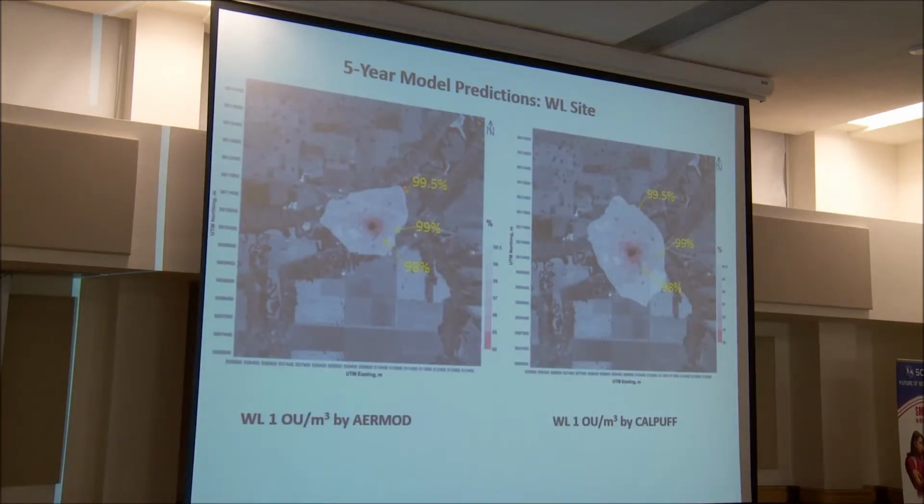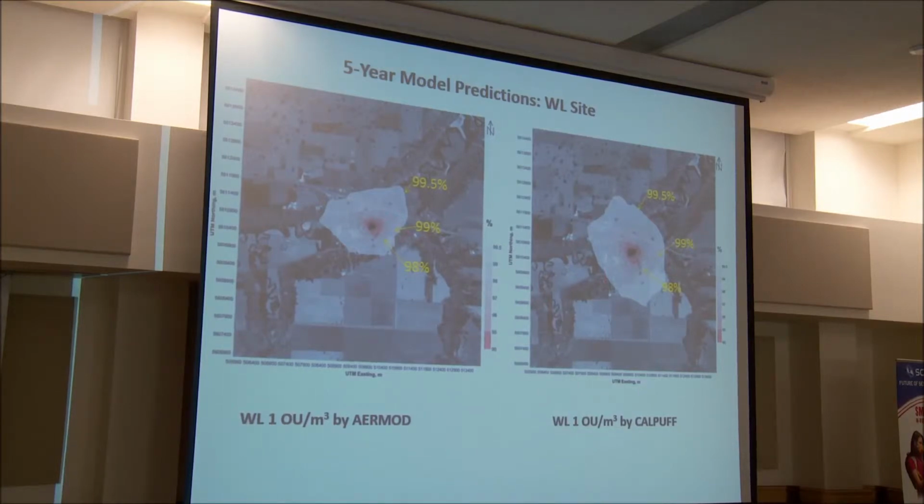So this outside contour is 99.5% odor annoyance free frequency, meaning the occurrence frequency for 1 OU on this line is 0.5%. And this second contour is 1% of occurrence or 99% odor free, and then 98%. So depending on the odor standard you choose, you can determine what the setback distance or impact area is.